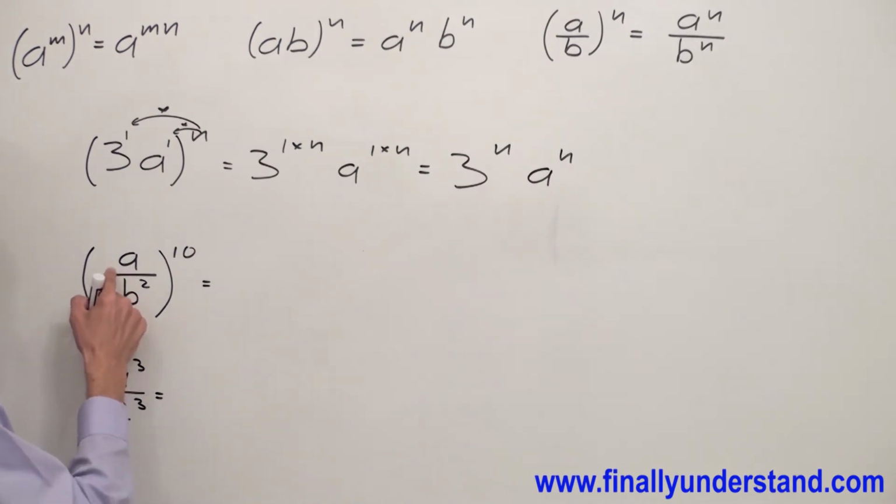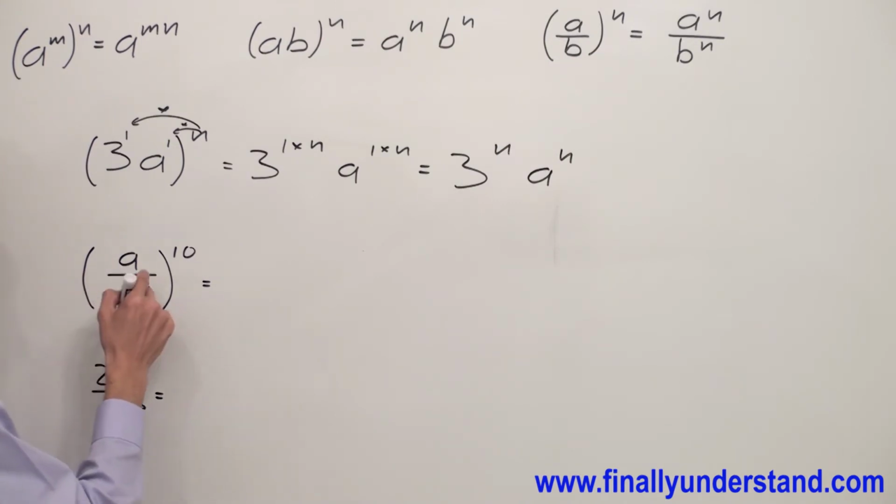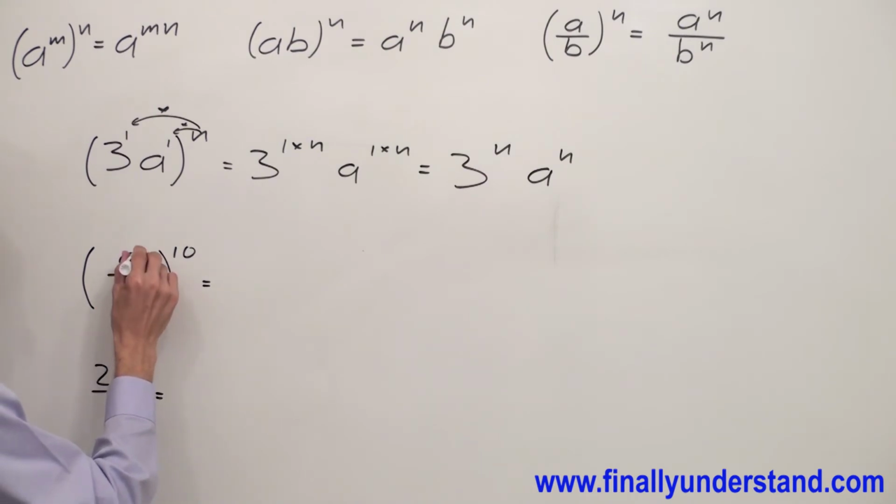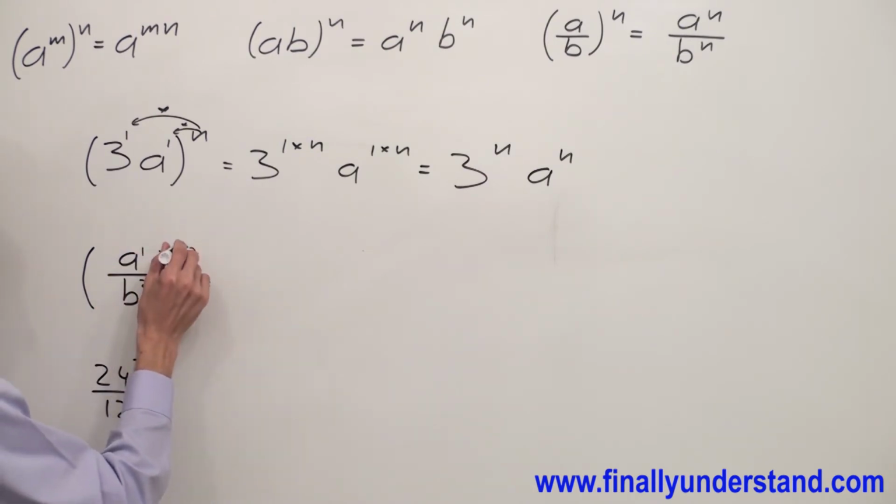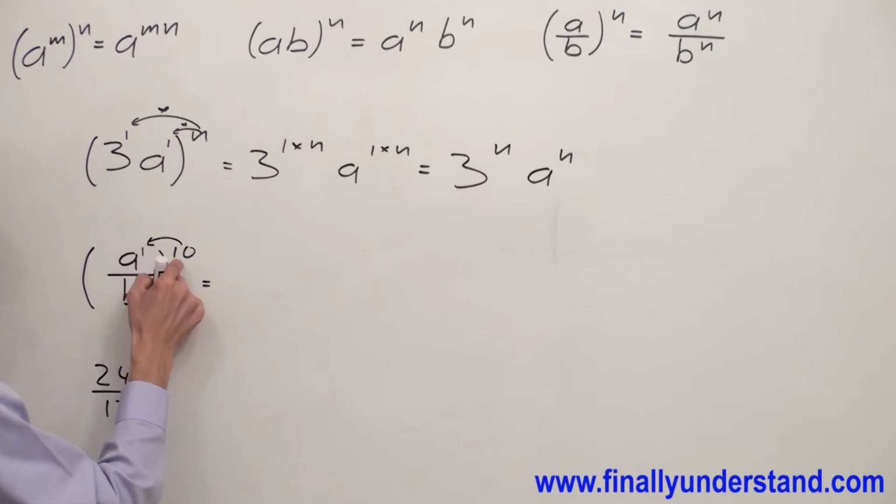Anytime we have division, anytime we have a fraction, we're supposed to simply apply the same rule. Anytime I do not have an exponent, there is always an invisible one, and simply multiply the external exponent by every single internal exponent.